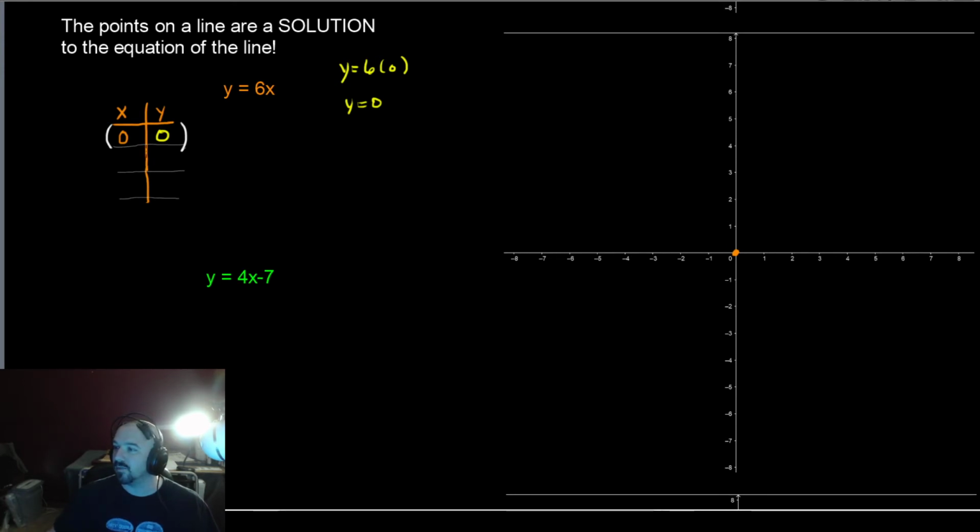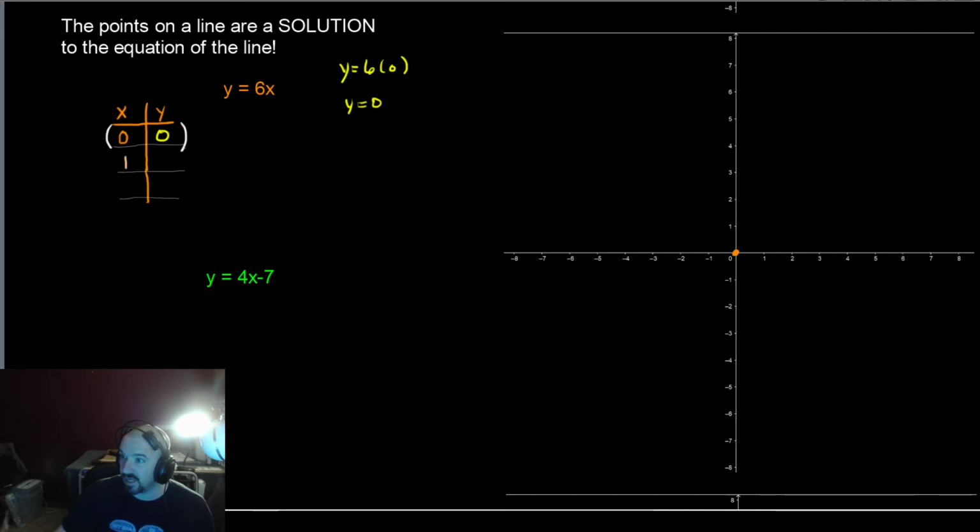All right, let's get a couple more. What do you want to put in there? Just make it up. Now, I do know that there are some limitations on my graph because I only go from -8 to 8 on the y and -8 to 8 on the x. So I'm going to choose small numbers of x because I'm going to multiply them by 6. I'm going to choose easy numbers though. So I'm going to choose 1 to be x.